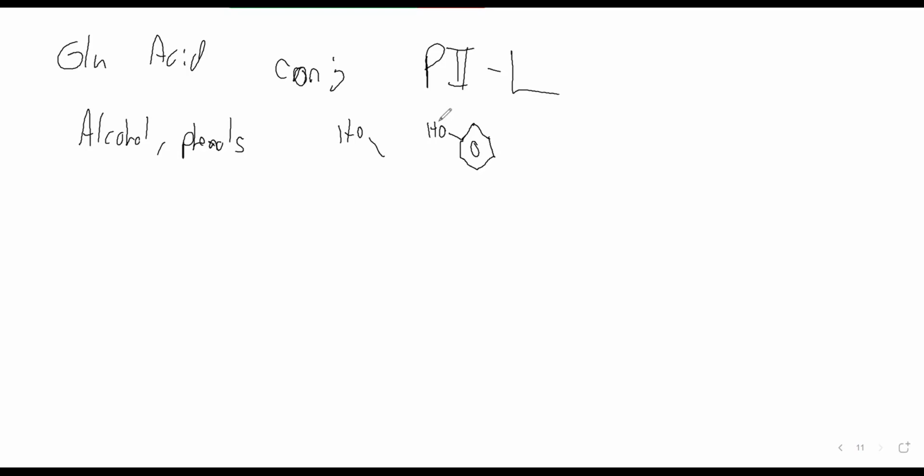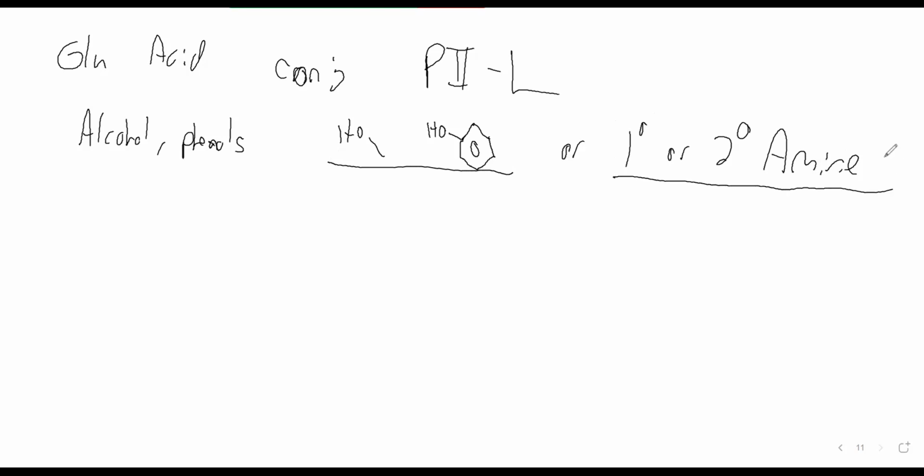If you are struggling to find one of these, your other option is primary or secondary amines. If you were to get a structure without an alcohol, phenol, or a primary or secondary amine, I would say it's simply bad luck, because I think you're going to see these on a structure.